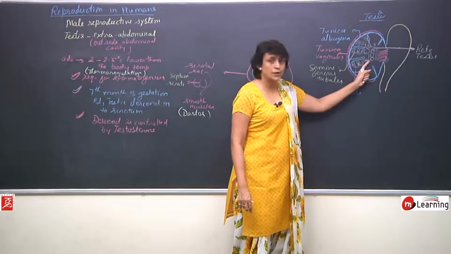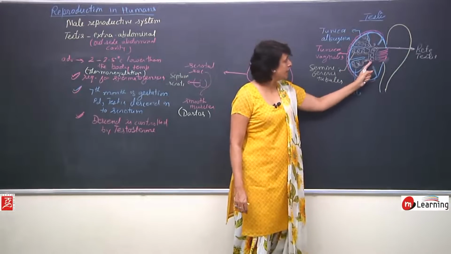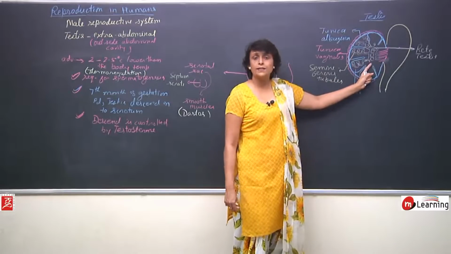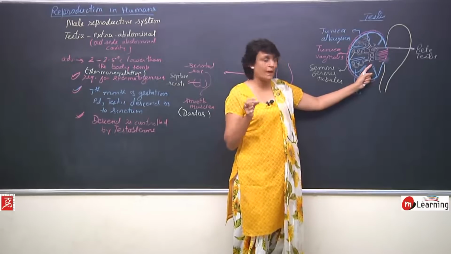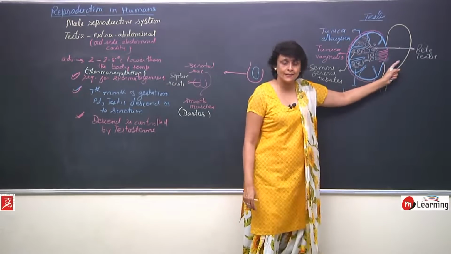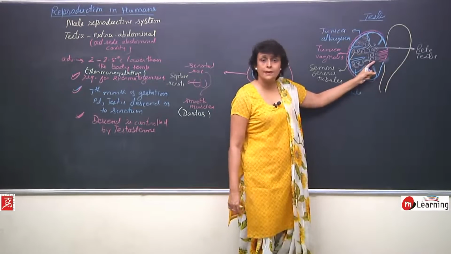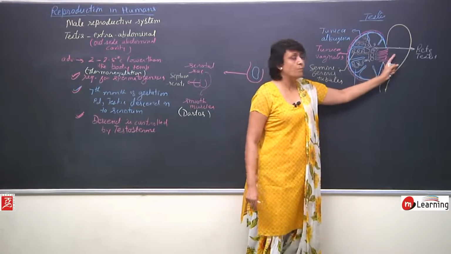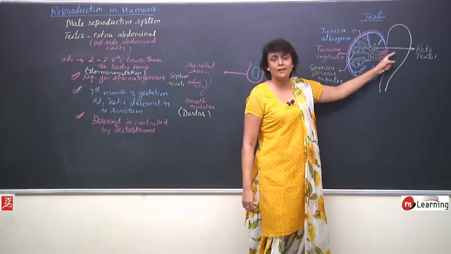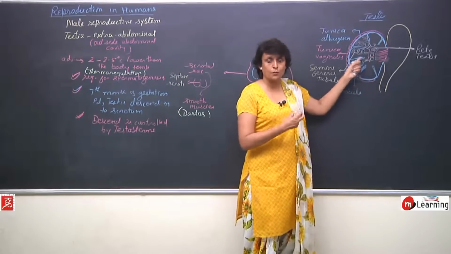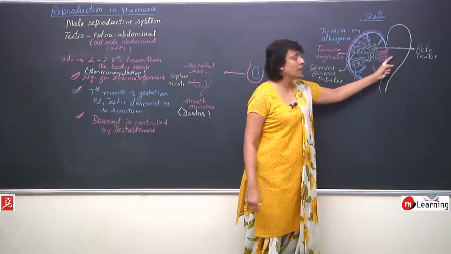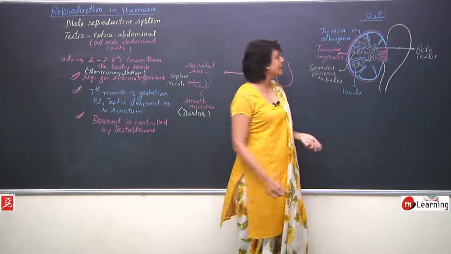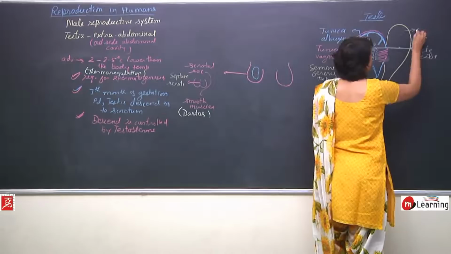When they come towards the center or the inner side, they become straight, and all these ducts join to form a grid-like pattern which is known as rete testis. And from the rete testis, some fine branches pour whatever secretion is produced here into another structure which is called epididymis.